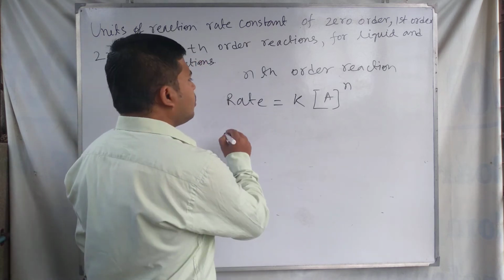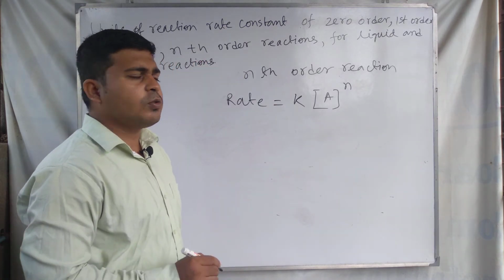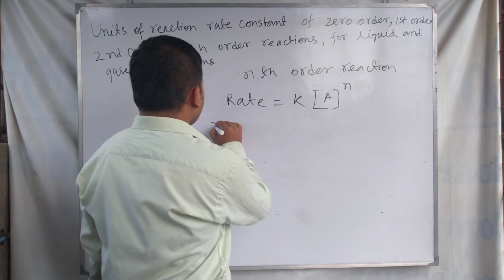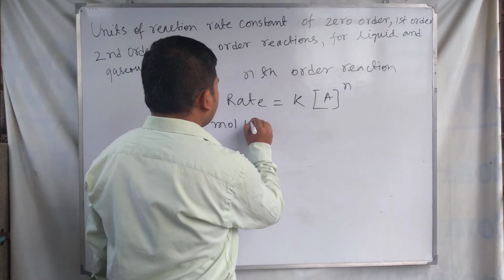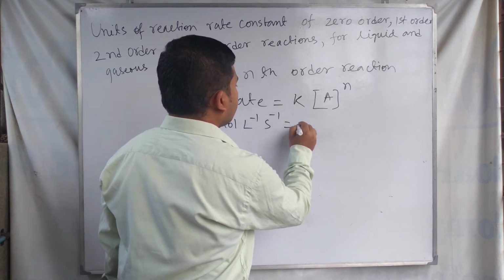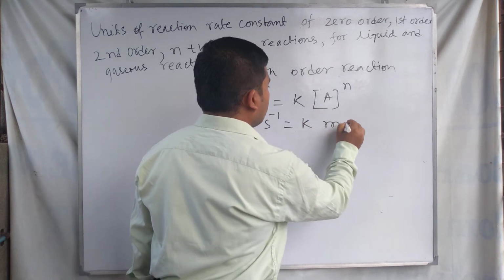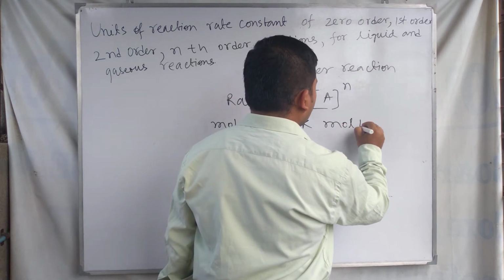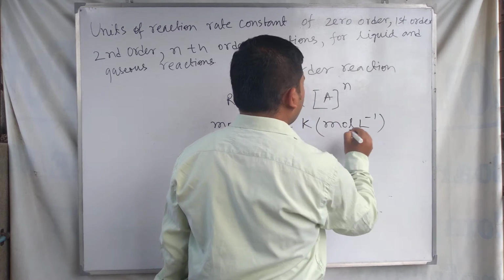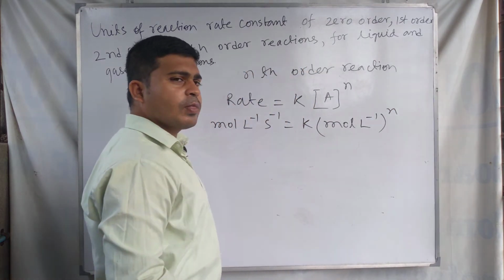So in this case, the unit of k, the rate constant, should be: mole per liter per second equal to k into mole per liter to the power n.